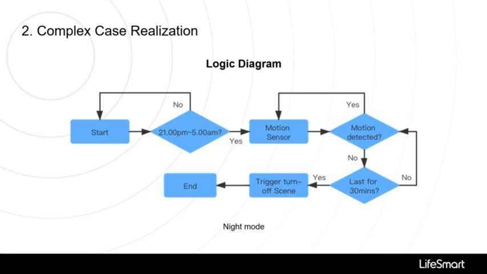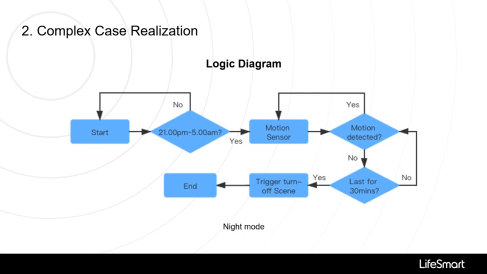If yes, the no motion status really lasts for 30 minutes, then it will trigger the turn off scene, which means to turn off the lights and air conditioners, and also close the curtains. So this is the whole procedure of how the system should work, and the way each part works with each other.